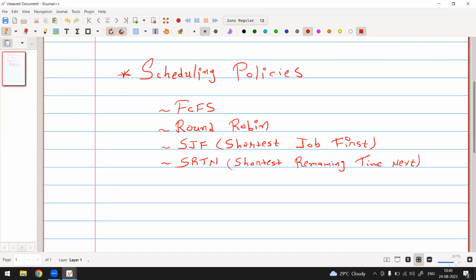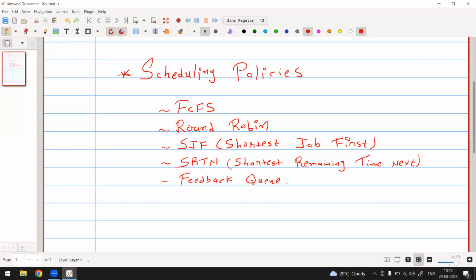And last, we will see the feedback queue policy. These are the scheduling algorithms or scheduling policies which we will see in the upcoming topics.